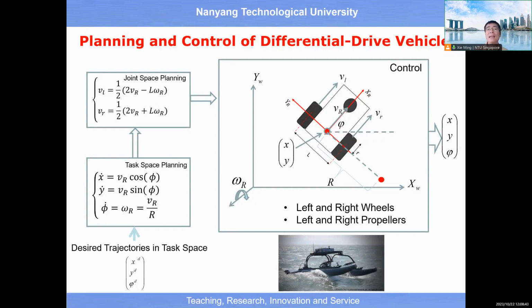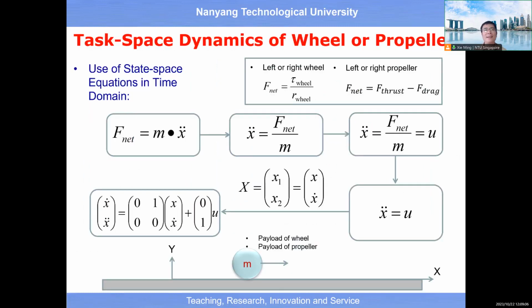So once we know VL, VR, and omega L, omega R, the angular velocity of the left view and the right view, we should be able to activate these two control loops for the angular velocity of the left view and the right view, or left propeller or right propeller, right? Okay, something like that.